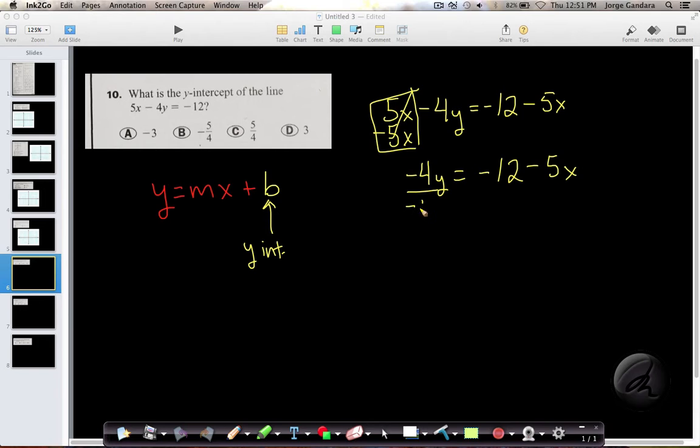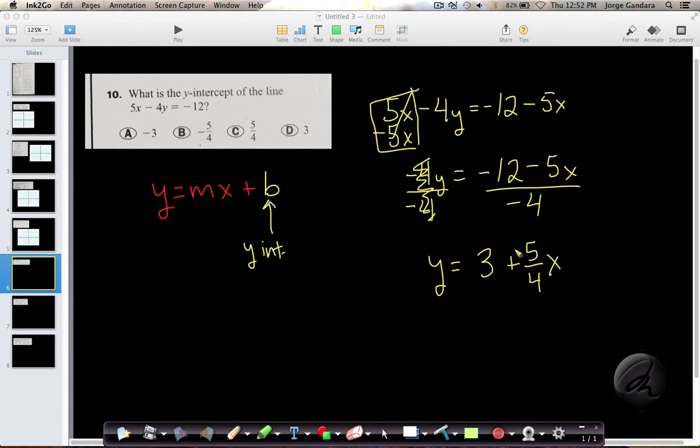Divide all this by negative 4, which gets rid of my 4. That gives me y equals negative 12 divided by negative 4, which is 3, and then negative 5 divided by negative 4 is 5 over 4 x.